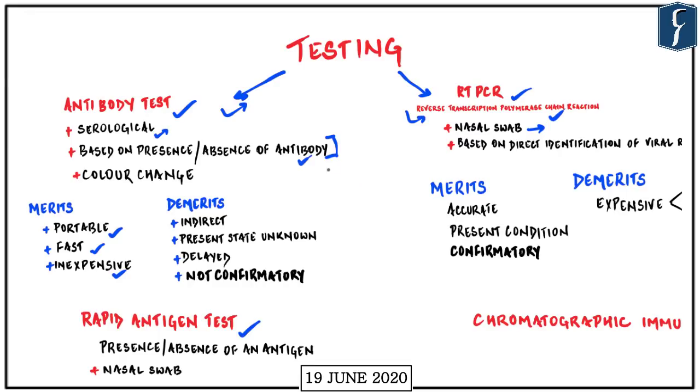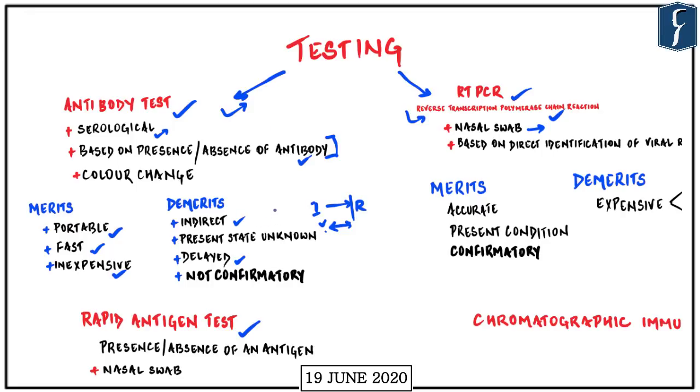But the problem is, because it is not directly testing the presence or absence of the virus or infection itself, it is just testing you for the antibodies. And since the generation of antibodies happens a few days after the onset of infection, if the test is done in that window where the infection has happened but the response has not yet been triggered, this test will show negative.